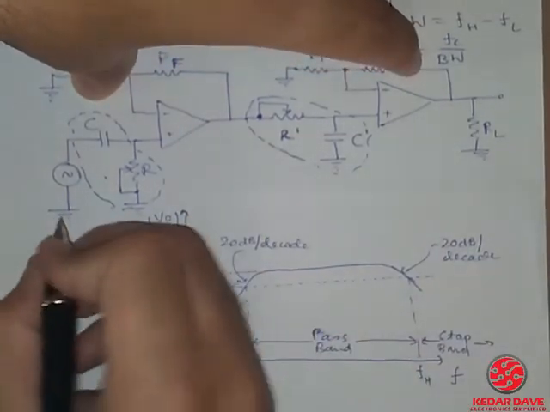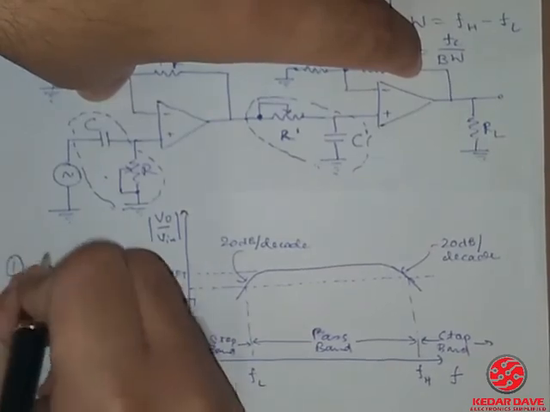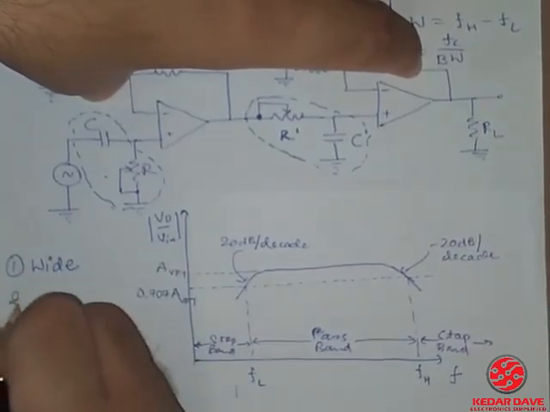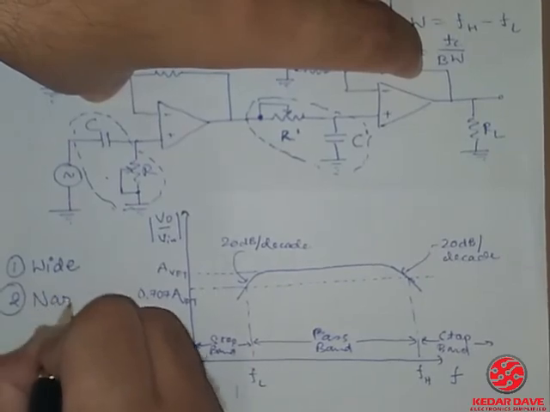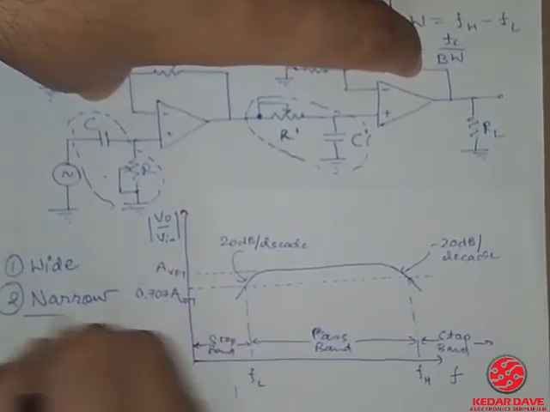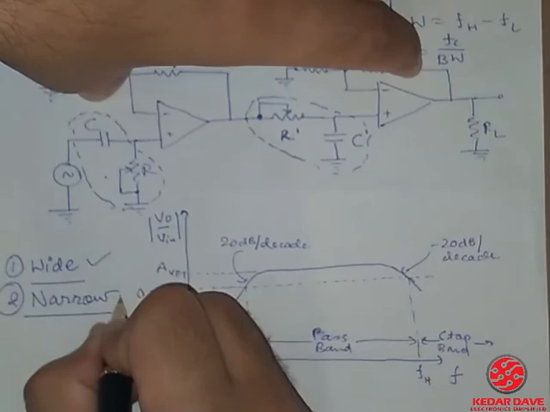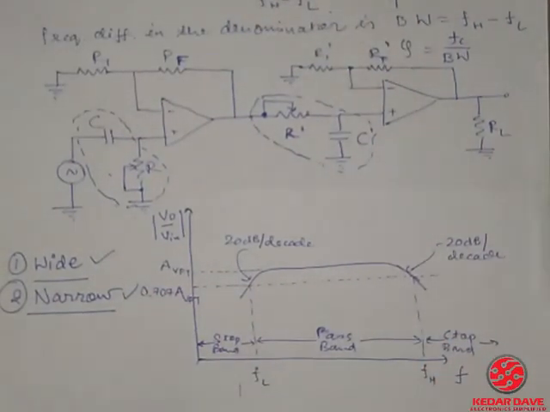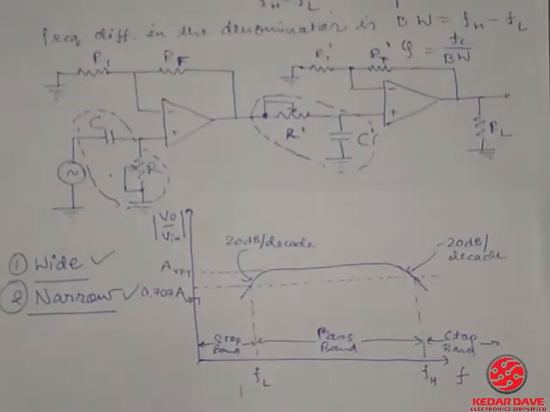So there are two types of band pass filters: first the wide band pass and second the narrow band pass. Likewise, if you check this, you definitely get a simple idea about these filters.